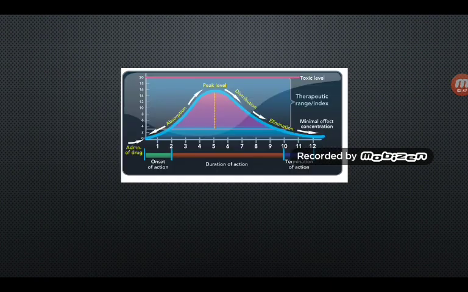When we talk about onset, peak, and duration, onset is the amount of time for a drug to demonstrate therapeutic response. Therapeutic response time, then, is the amount of time to reach full therapeutic response.